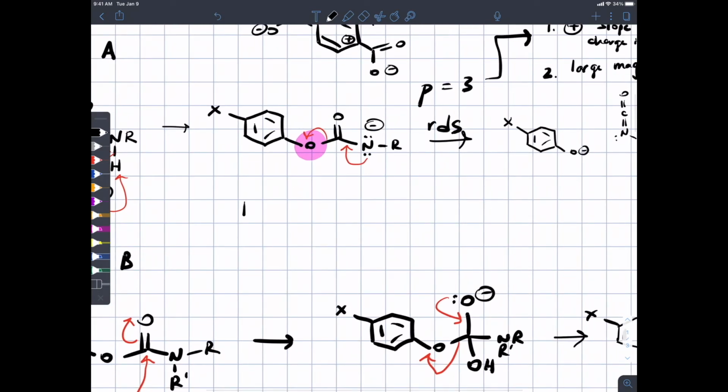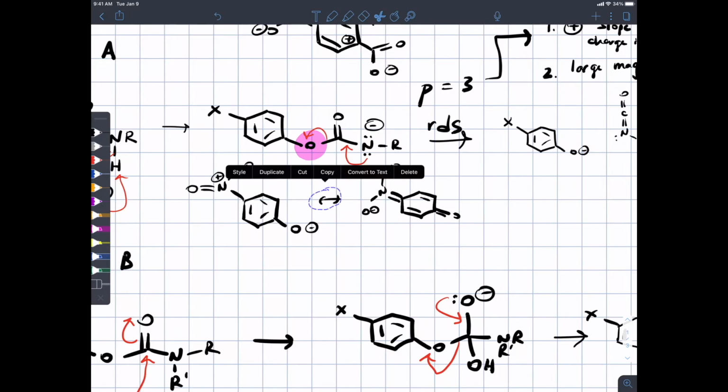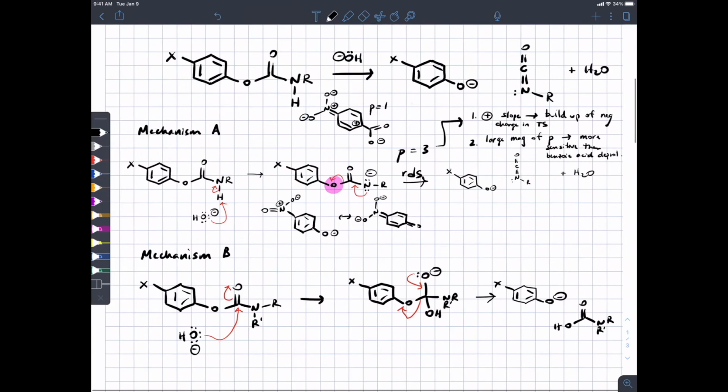And in contrast, if you have negative charge on the phenol and a nitro group, you can definitely do delocalization because that oxygen that has the charge in the conjugate base is directly conjugated with the nitro group. So that's one reason why you'd expect this reaction to be more sensitive than the benzoic acid reaction.